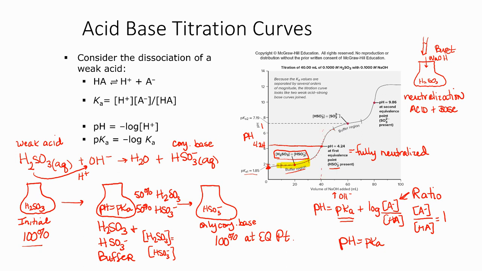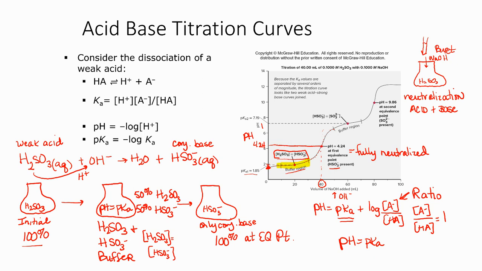It's going to hit here at 40 mils of base. That's how much volume it would take for this particular titration. Looking up at the info on what we're titrating, it's 40 mils of 0.1 molar weak acid, and we're titrating with 0.1 molar NaOH. So it'll take 40 mils.